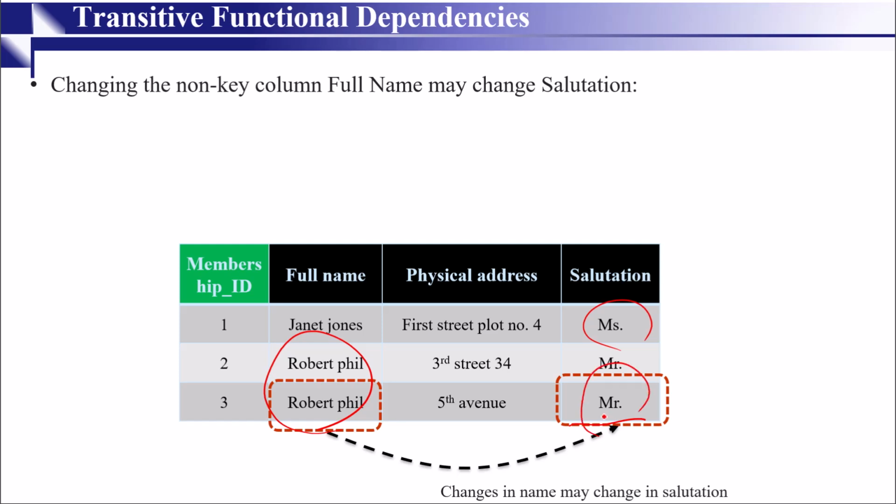This violates 3NF as salutation depends on full name, not directly on membership ID. This is a kind of transitive dependency. Transitive dependencies like this can cause update anomalies. It means changing a non-key column might cause other non-key columns to change.